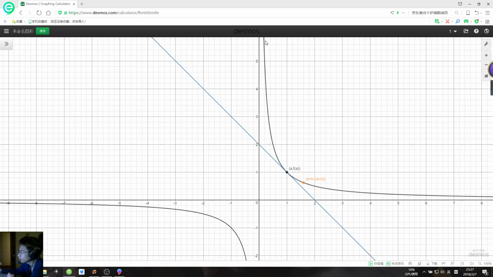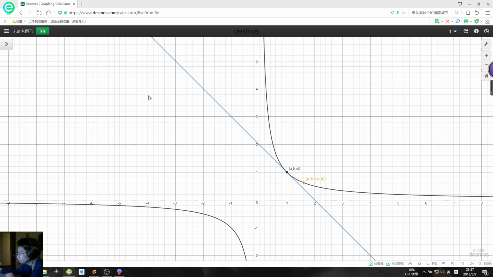And I got a graph here. The black line is my original function, and I got a random point, f at a, which is this black point. And I drew a tangent based on this point, which is this blue line.